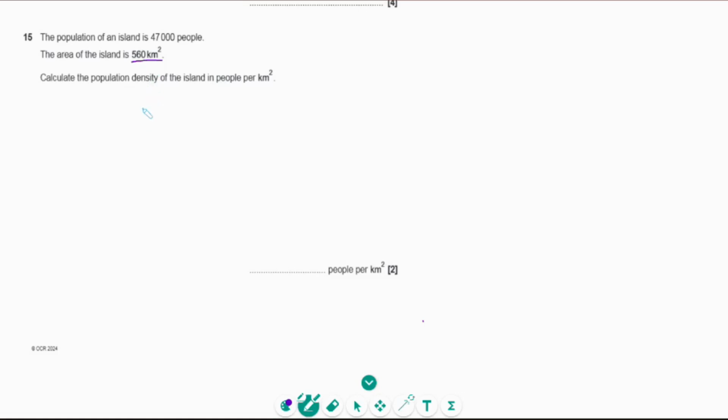So I just need to do 47,000 divided by 560, which is 83.9 people per kilometre squared. Or if you want to round to the nearest whole person, 84.